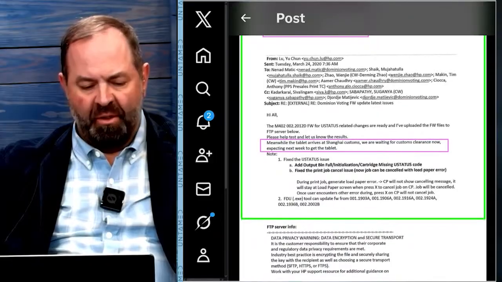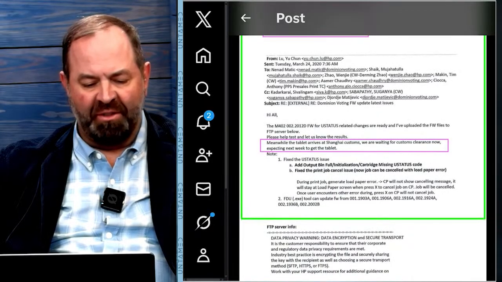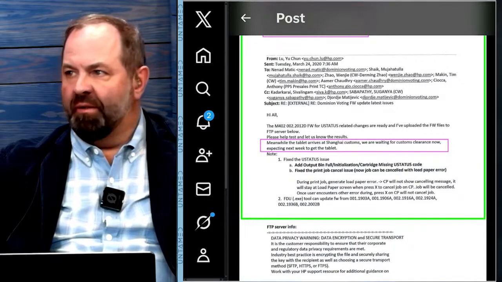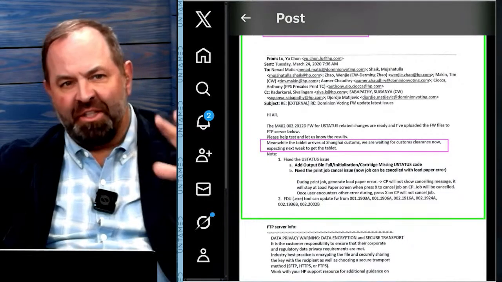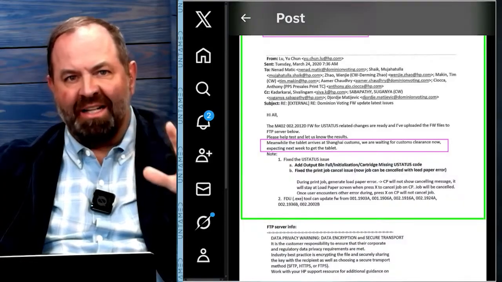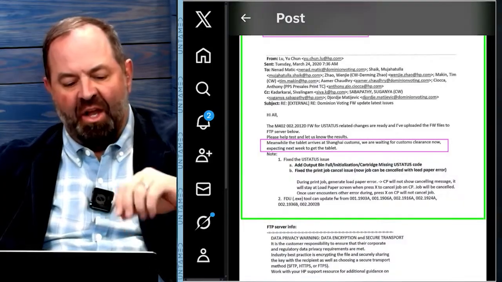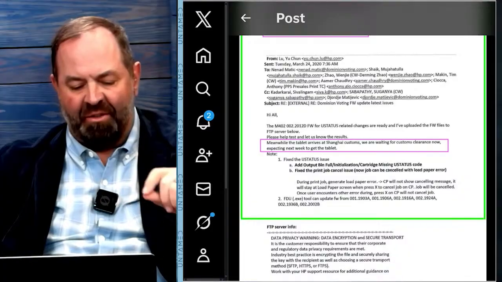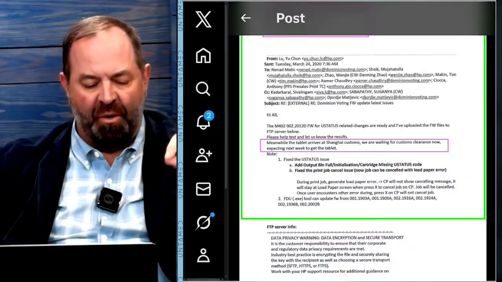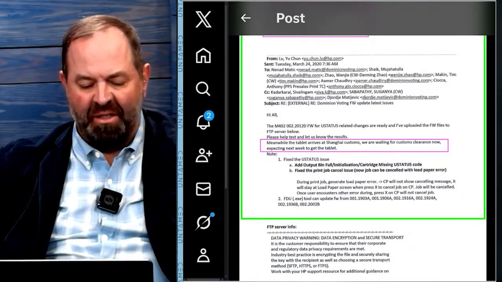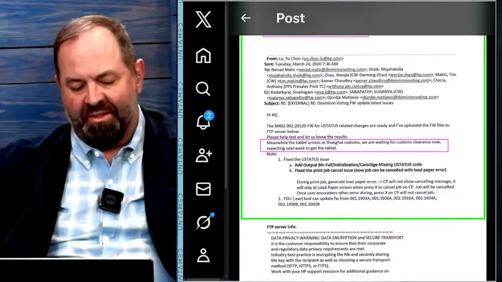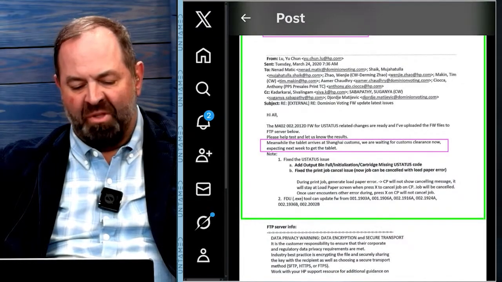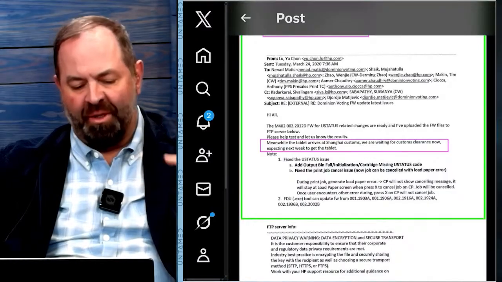One, this came from the manager of software development, Dominion Voting Systems in Serbia. So just imagine that your election systems in the United States are making decisions and having conversations with, not just Dominion Voting in the US, but Dominion Voting Systems in Serbia.